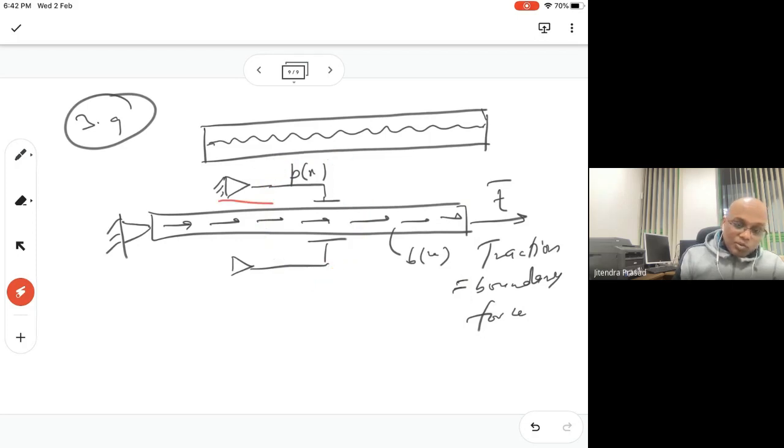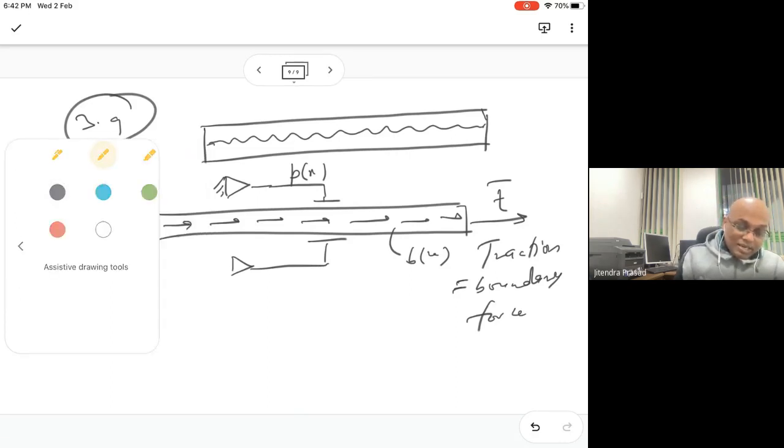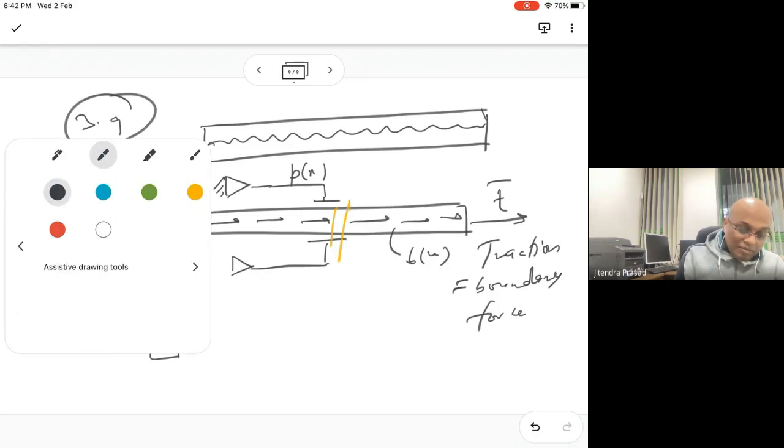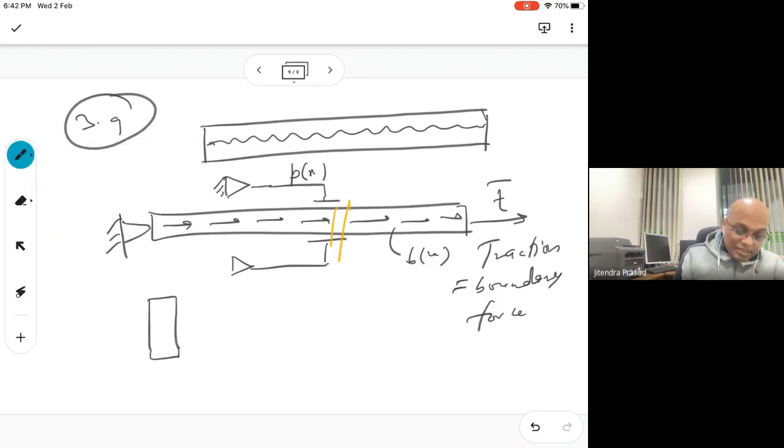But what is the meaning of that is, apart from this one, it has some variable spring attached. I tell you what that really means. What we will do here is take a slice and formulate it. So which things do you get? You will have bx.